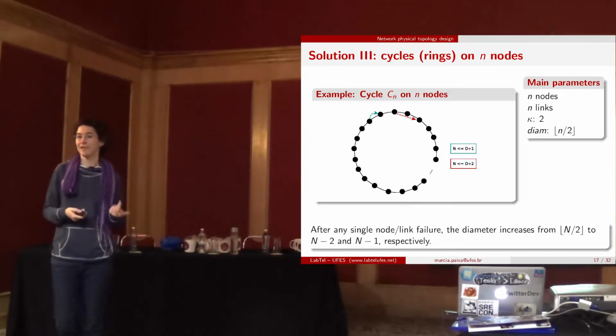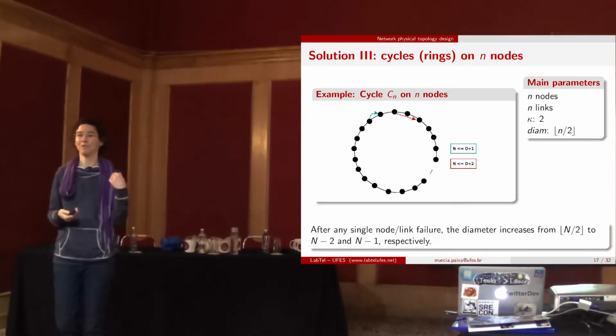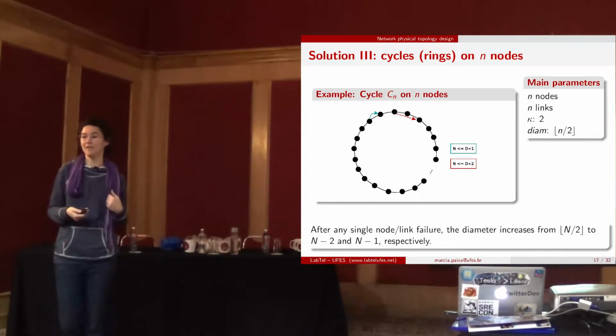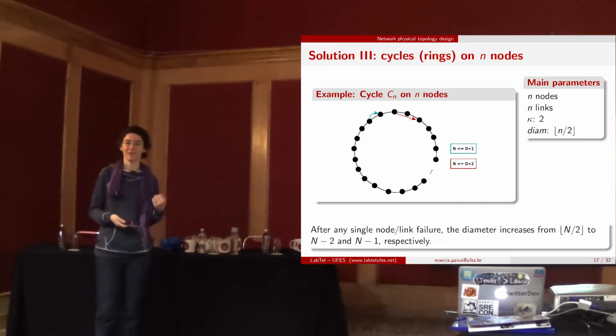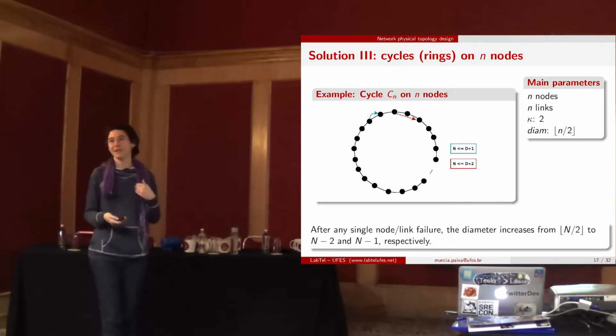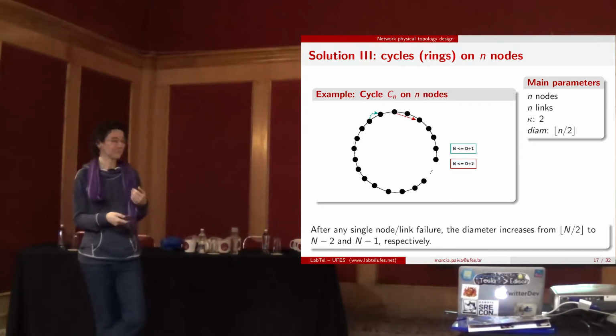So if your network was not designed for that, the signal cannot reach the receiver, so we will lose information. Even if the network remains connected after a failure, we cannot guarantee the quality of the signal. That is the problem of the cycles.